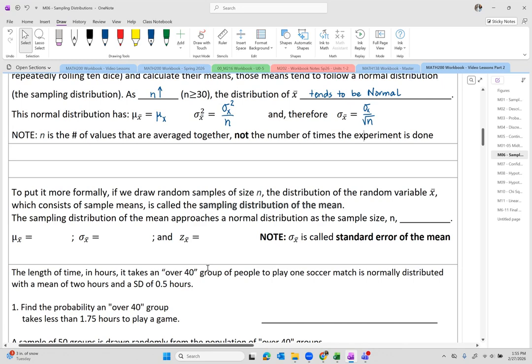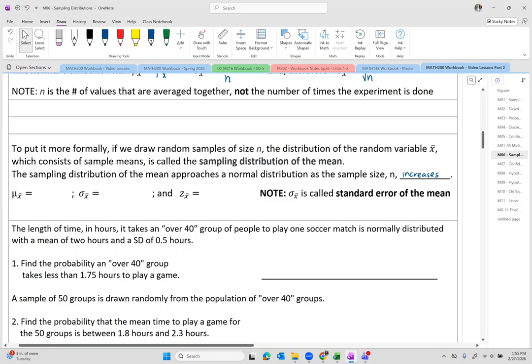The sampling distribution of the mean approaches a normal distribution as the sample size n increases. And when n is greater than or equal to 30, it is more normal than it would be if the sample size was less than that.